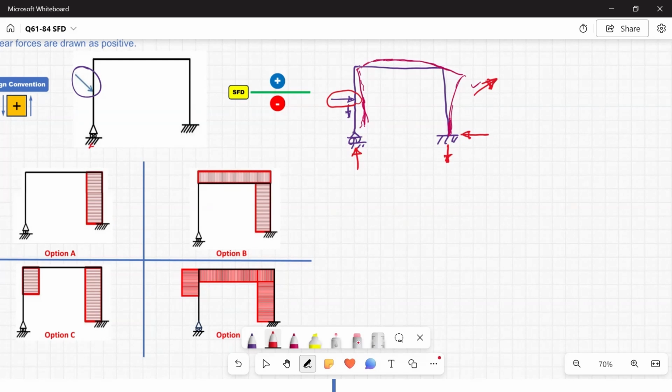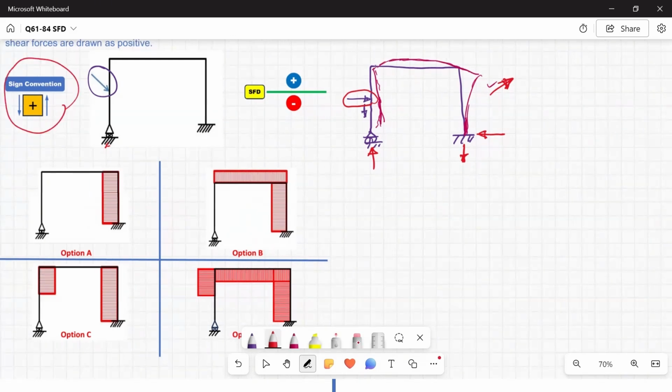Now let us isolate these forces and consider our sign convention, which is anti-clockwise forces are positive, and we draw the outside of the frame as positive. So let us draw a free body diagram of this frame.